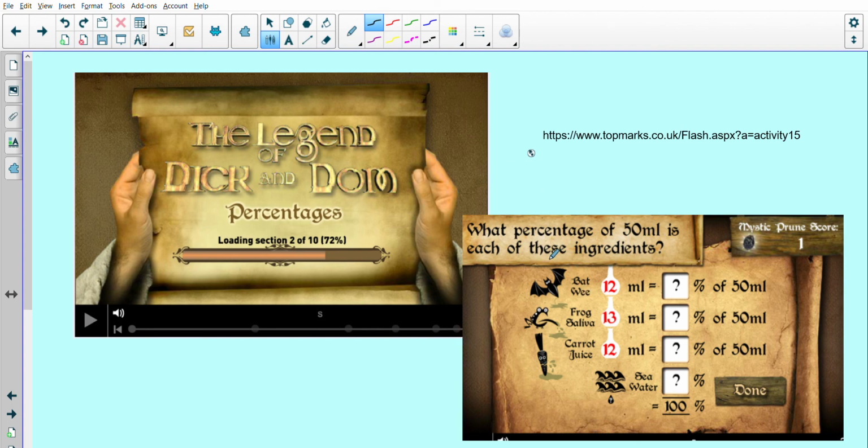So for example, here's an example of one of the questions. It says, 12 milliliters is how much percent of 50 ml? How are we going to solve that? Have a think about how you would solve that. Well, I would turn 50 into 100.